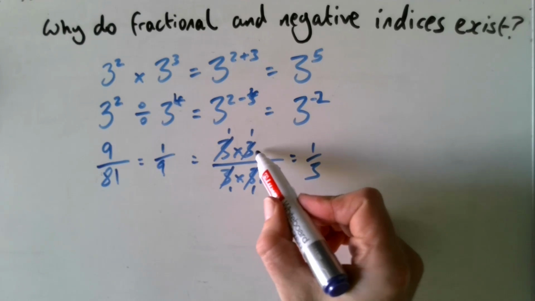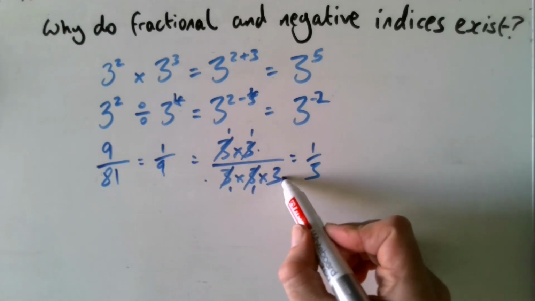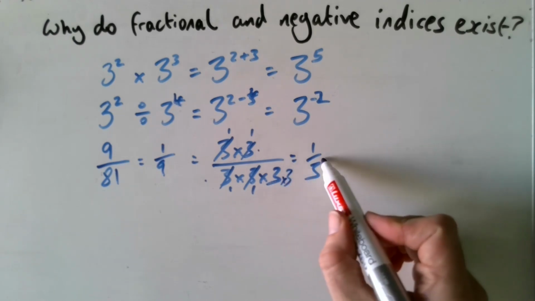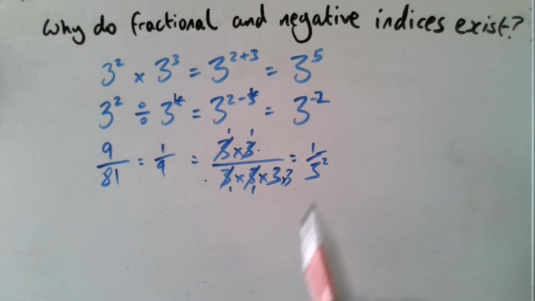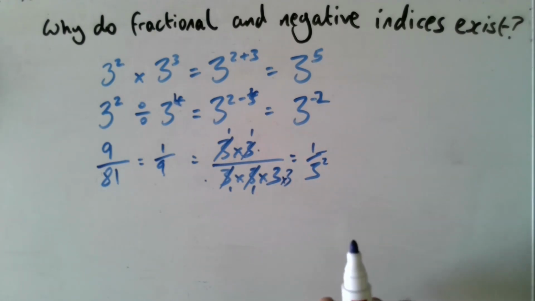And I could have put that in here by putting in one more times by 3 in there, and 3 times 3 is 9. But that we could also think of as being 1 over 3 squared. So this is why we get the rule that when you've got a negative power, you use the reciprocal, that is the fraction turned upside down.